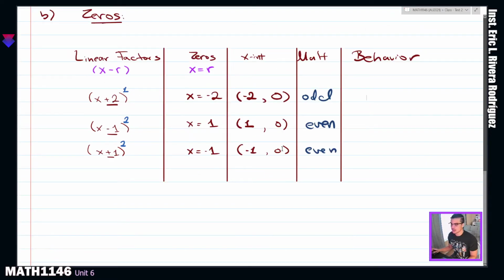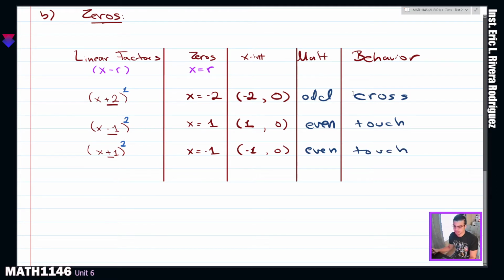Okay. Remember that at the x-intercepts, the graph is going to touch or intersect with the x-axis. Now we need to determine if the graph is going to cross the x-axis or it's just going to bounce at the x-axis or touch the x-axis. When it is odd, it means that the behavior crosses, and when it's even, it touches or bounces.